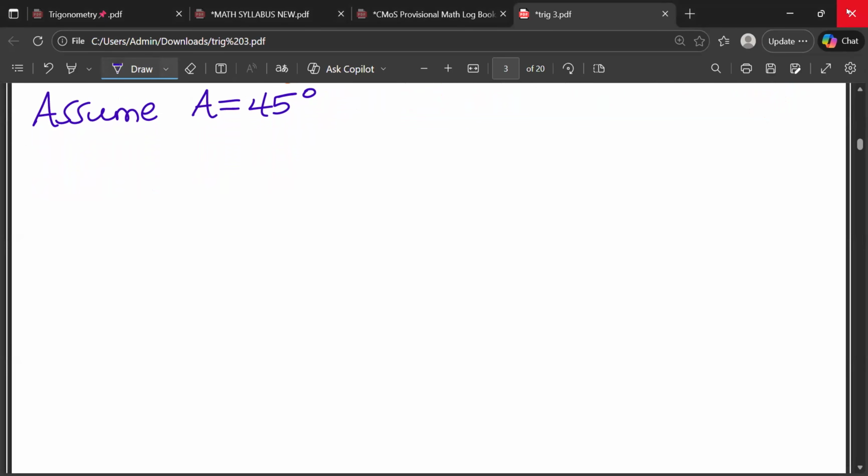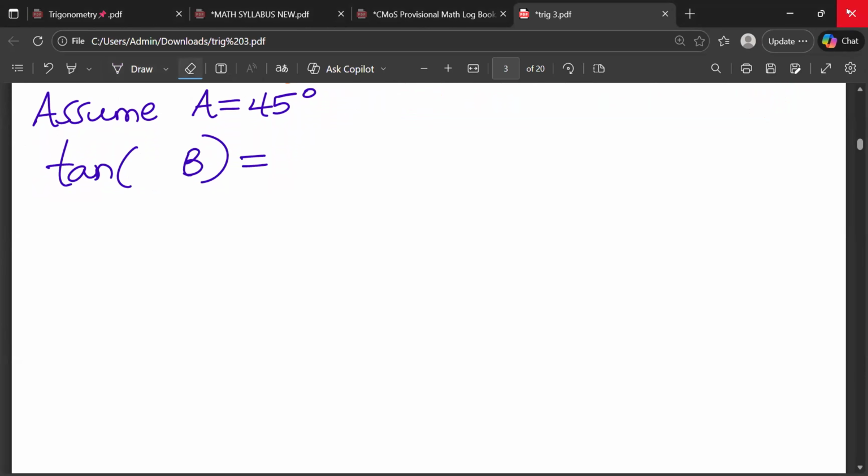So for tan, we are going to do 45. You all know how tan looks. Okay, let's put 45 at once. Let's not waste time.